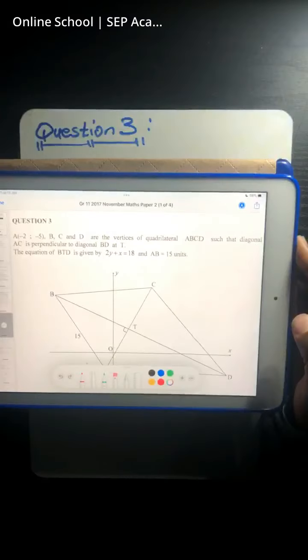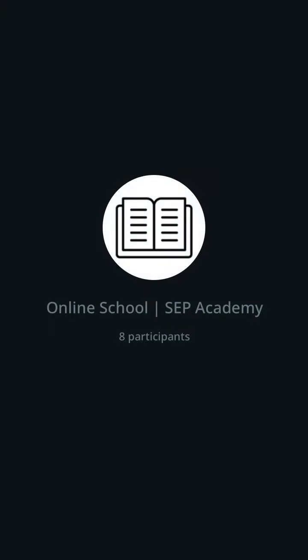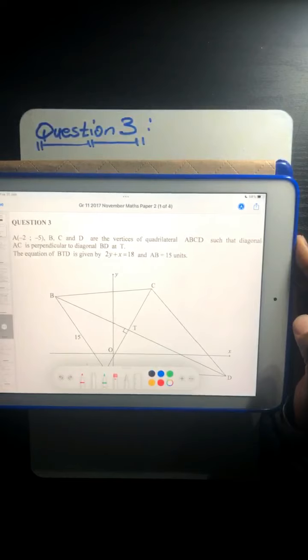B, C and D are the vertices of a quadrilateral ABCD such that diagonal AC is perpendicular to diagonal BD at T. The equation of BTD is given by 2y plus x equals 18, and AB equals 15 units.